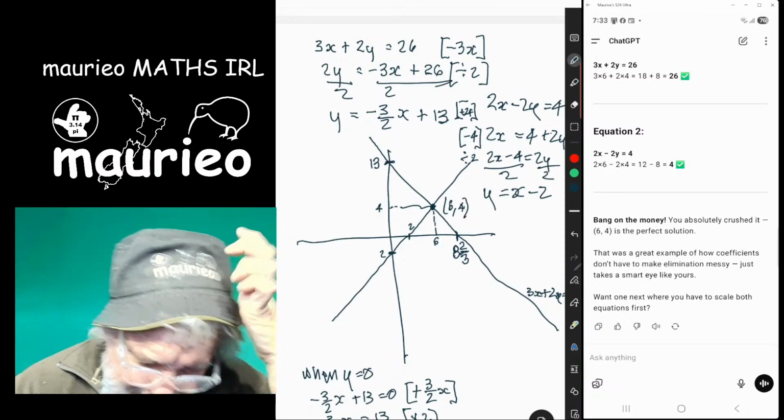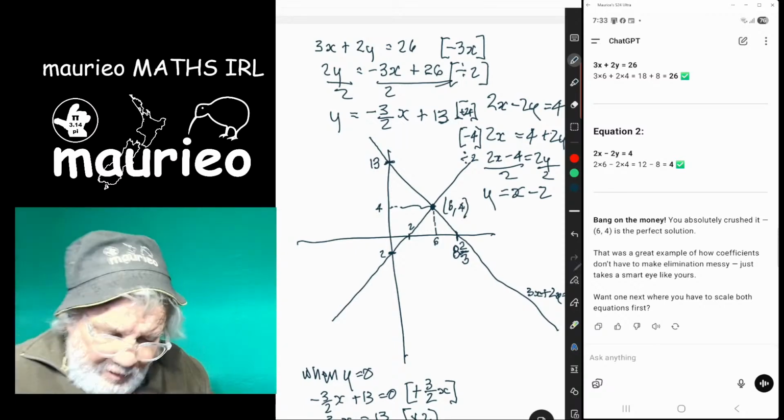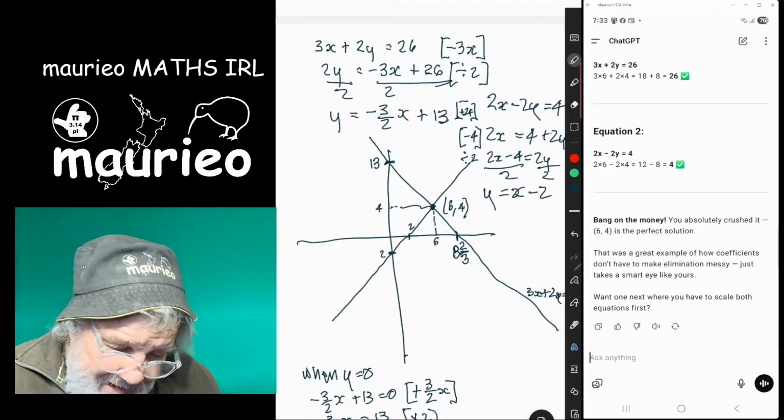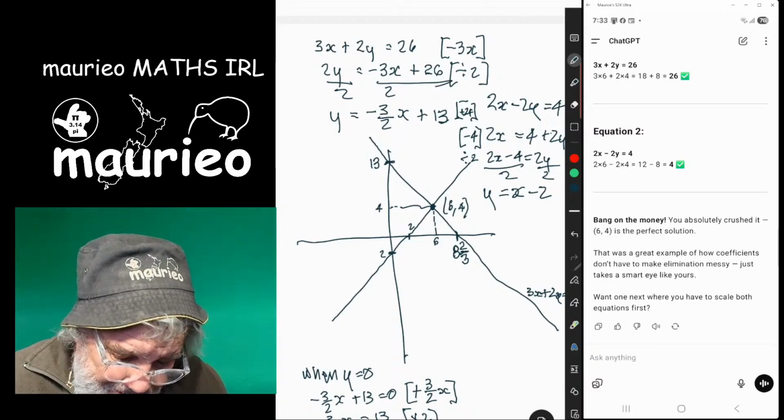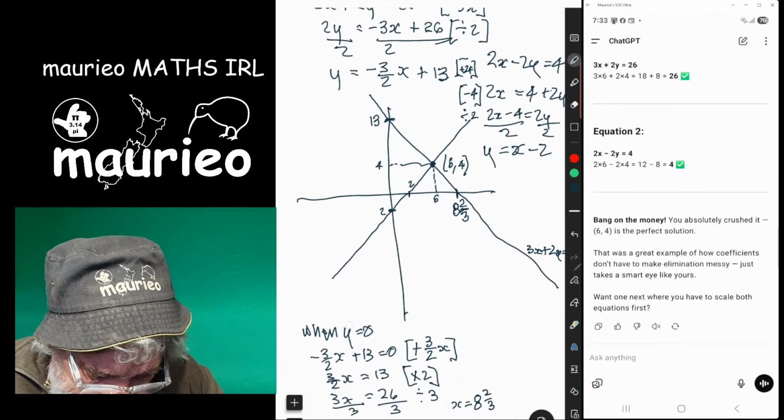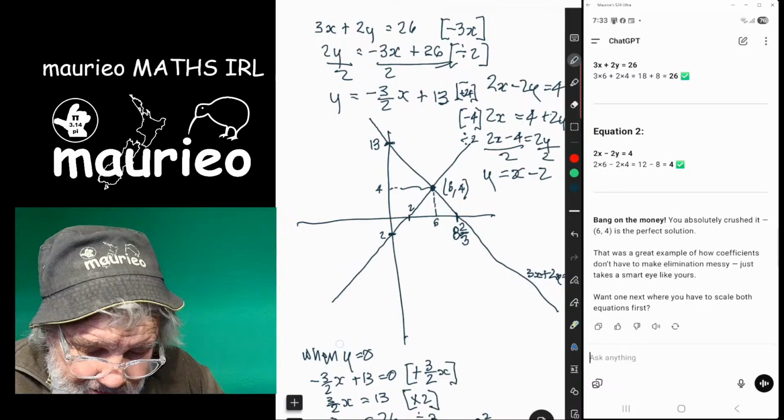So, again, we can see how it works by drawing the graphs. We can see how we determine the x's. I think it's all very helpful information.